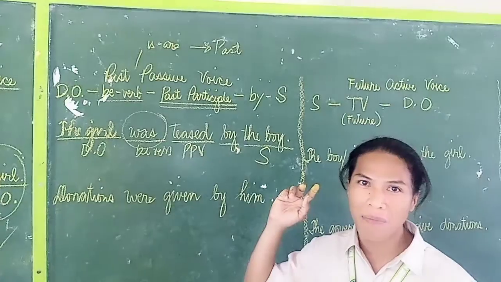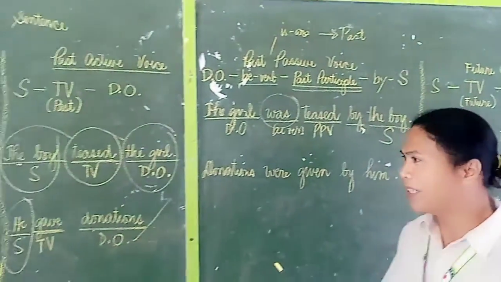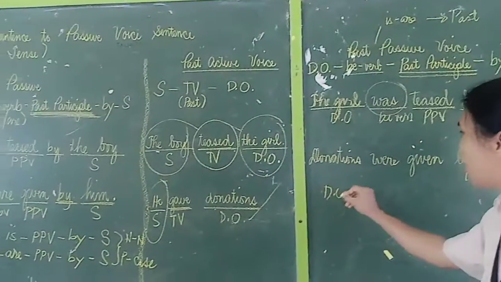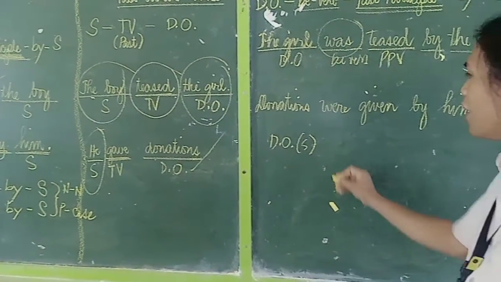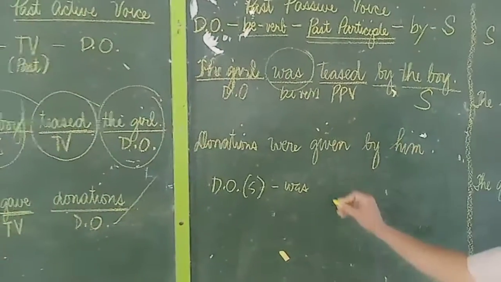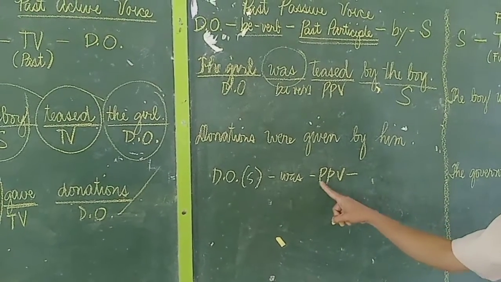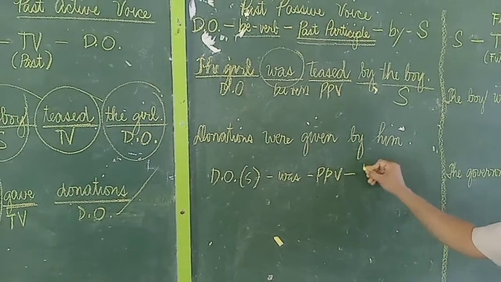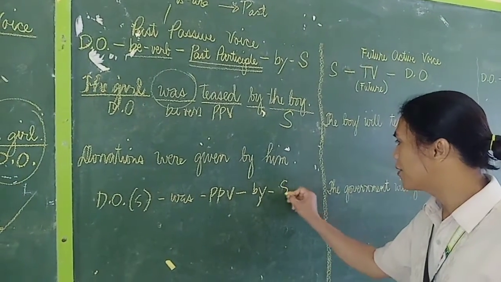Only the past tense of the be verb changes. So let us have the pattern. If the direct object in the past tense is singular, use was for the be verb, followed by the past participle of the verb, and then by, followed by the subject.